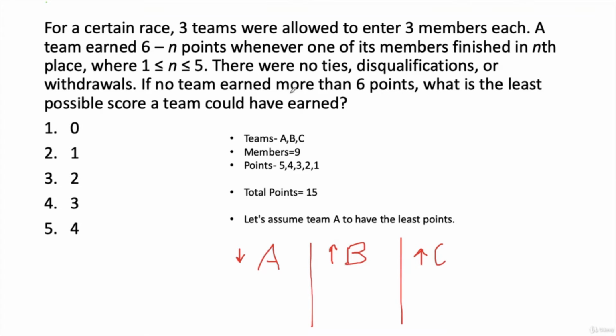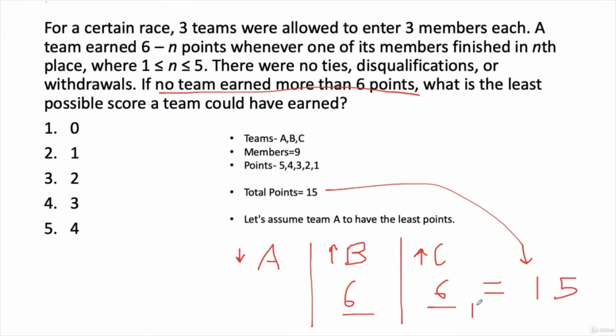Since our problem states that no team can earn more than 6 points, we give B and C exactly 6 points. As we discussed, the total points are 15, and giving B 6 and giving C 6, we get a total of 12. The remaining 3 must go to A. Hence, the fourth option, which is 3 points, is the correct answer.